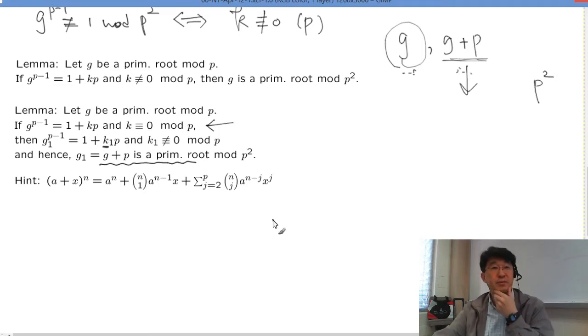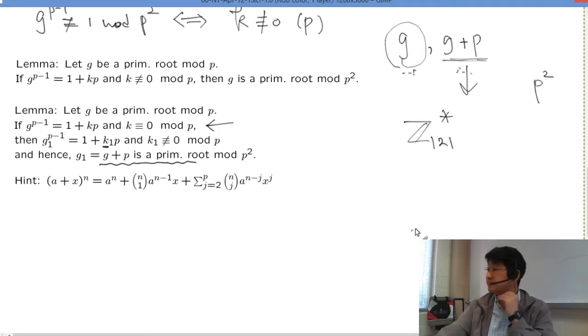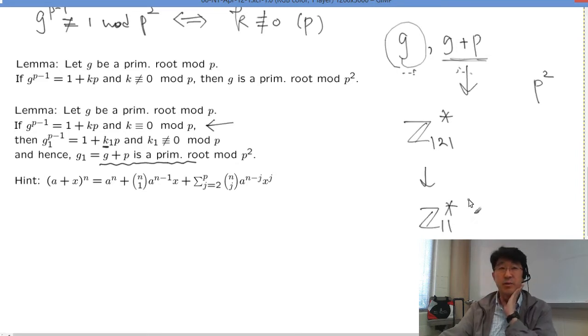So if you're asked to find the primitive roots mod 121 star, what are you going to do? You go down to 11, right? That's not too bad, right? Not too bad. And actually checking this one is also not too bad because p is relatively small. So find a primitive root g, or consider g plus p.